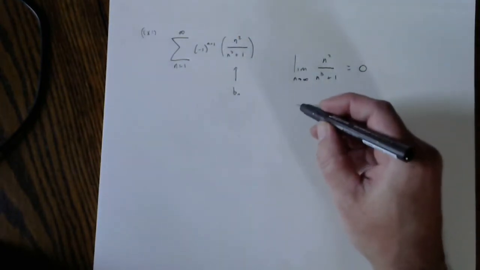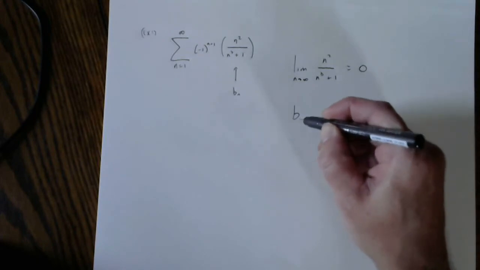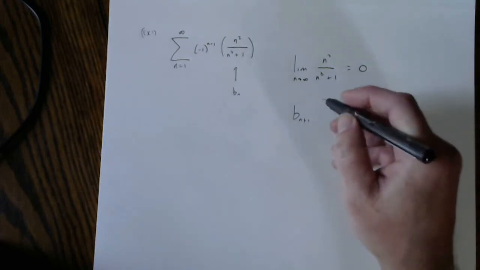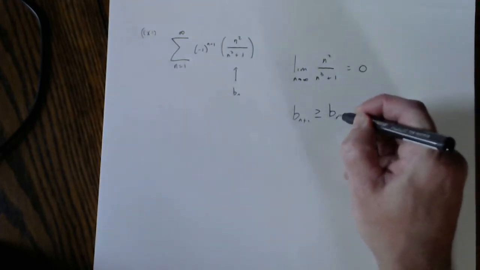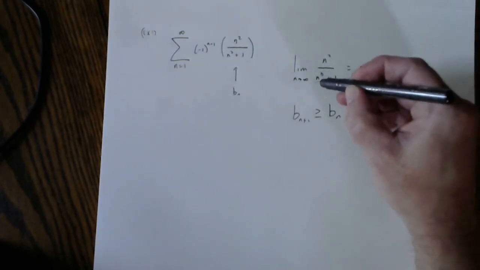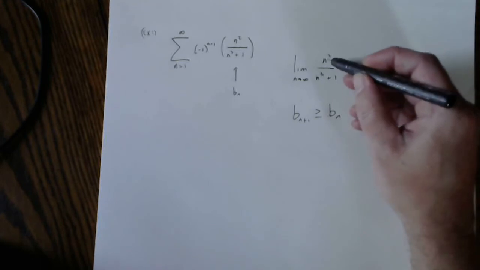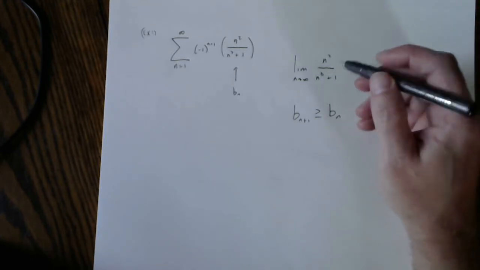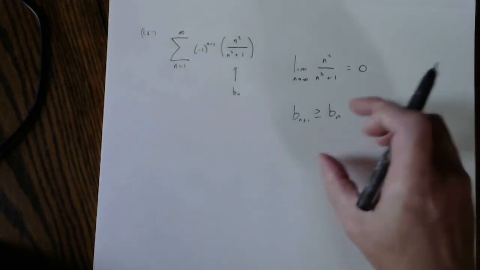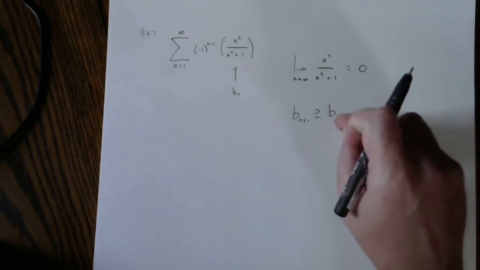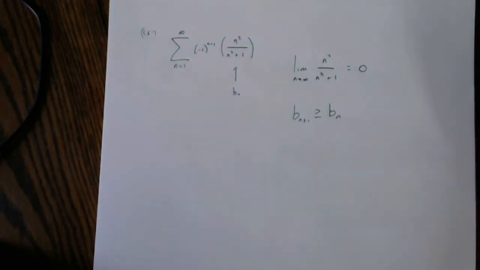It's clear to me that this is decreasing for the same reason. The power on the bottom is greater than the power of the top, so the bottom is growing at a faster rate.